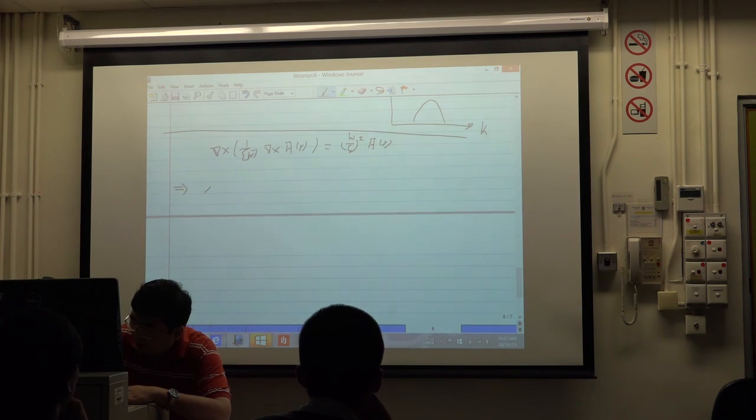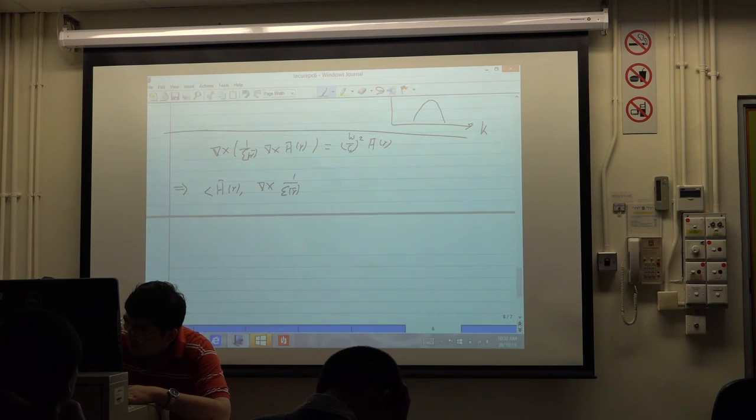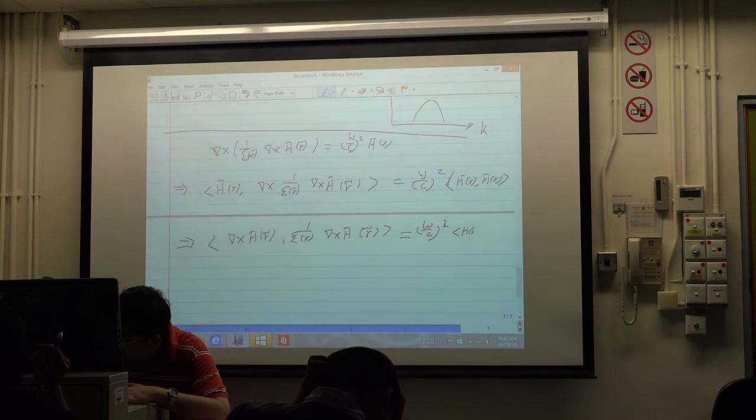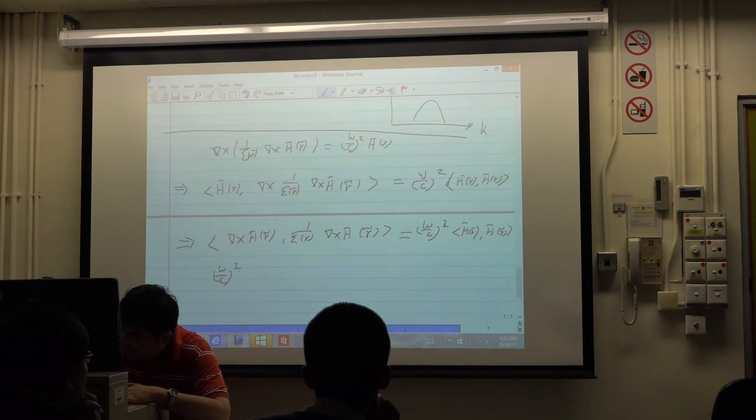Then I do this Galerkin test, C square H R. Then I use integration by parts. This cell, I just copy. Okay, so finally, I get this very famous equation.